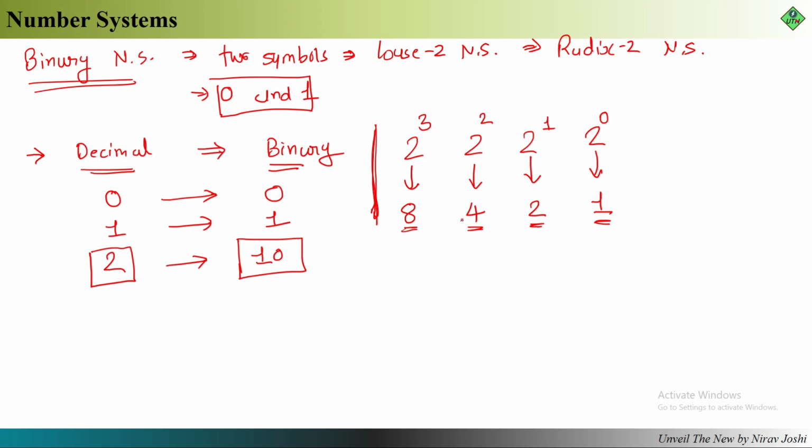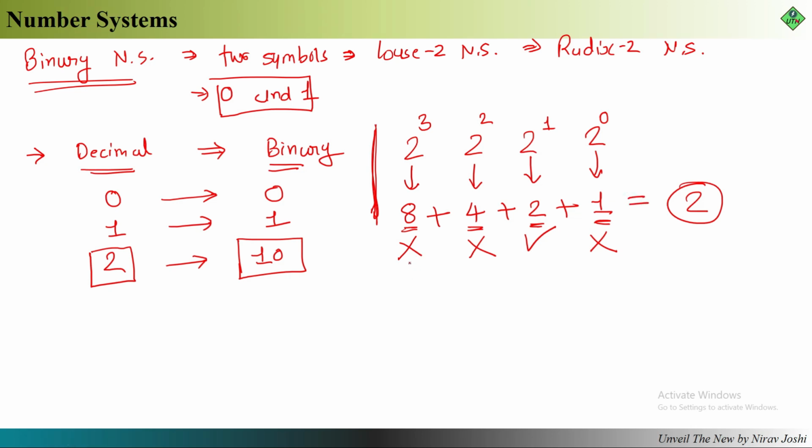If I only want 2, I will not consider 8, I will not consider 4, I will not consider 1. What I will consider is 2. If I add all of these, the total becomes 15. But if I do not consider 8, 4 and 1, the total will become 2.